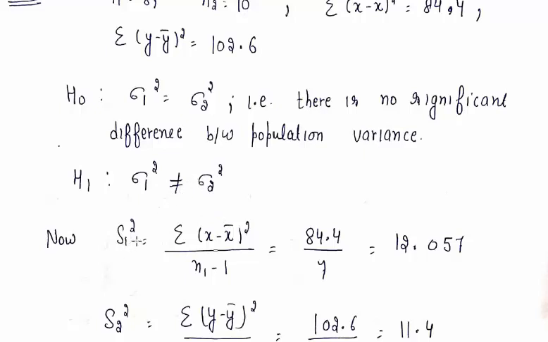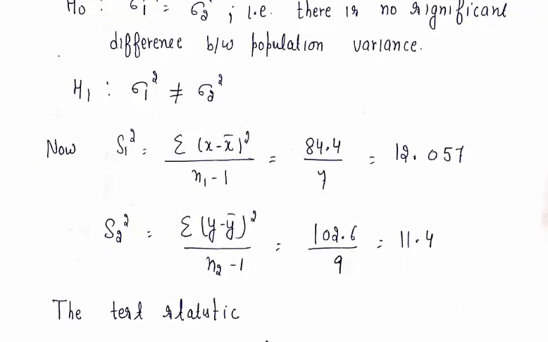So first we calculate the value of S1 square. As we know, S1 square is summation x minus x bar whole square over N1 minus 1. So this value is 84.4 over 8 minus 1, which is 7. If we divide 84.4 by 7, this becomes 12.057. After finding S1 square, next we find S2 square, summation y minus y bar whole square over N2 minus 1.